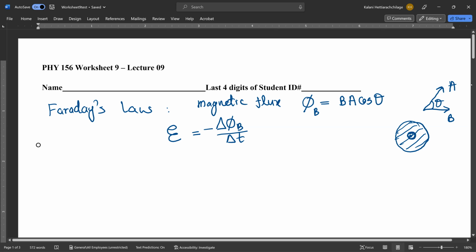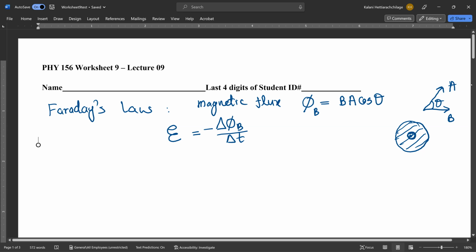There are a lot of applications of Faraday's law: transformers we discussed, and also induction coils, induction ovens. These all are Faraday's law, and also eddy currents, and those things can be explained by using the conceptual information from Faraday's law. Okay, so now you know that phi B is B times A times cosine theta.